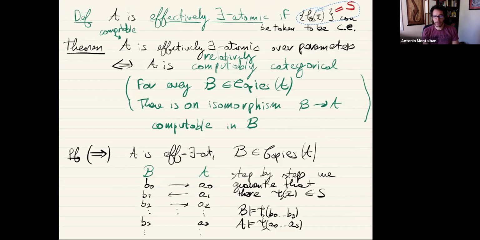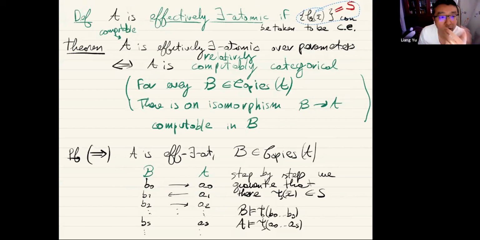Antonio, do you need the definition to be uniform in CE? I mean, let's say a uniform way to enumerate all the types. A uniformly CE, you're saying? Yeah, I mean, what's the definition of effectively atomic? Is it that for every A, the type of X is CE?